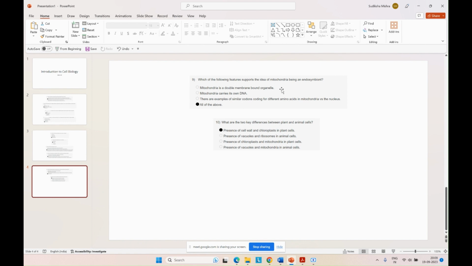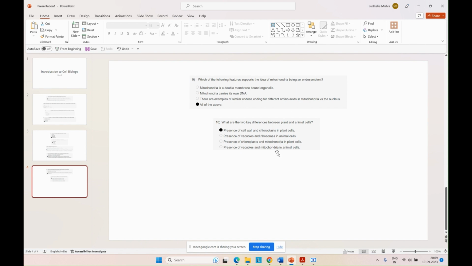Mitochondria carry their own DNA, which is circular. There are examples of codons coding for different amino acids in mitochondria versus nucleus, which is true, and these different amino acids are also present in bacteria. So all of these are true.